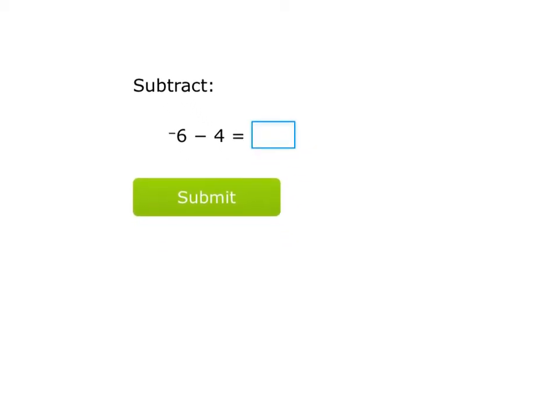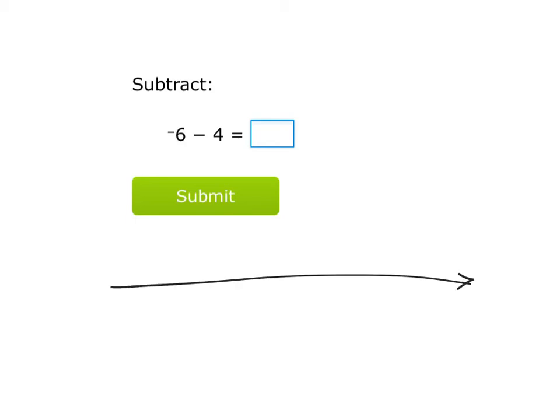All right, so we have -6 minus 4. This is one I want to show you because it's a good example. If you're visual, use a number line, guys. There's nothing wrong with that. If this is 0, my first number to put on the number line is -6. So 1, 2, 3, 4, 5, 6. So this is here, -6. And then I'm going 4 more negative. The reason I say further negative is because it's subtraction.